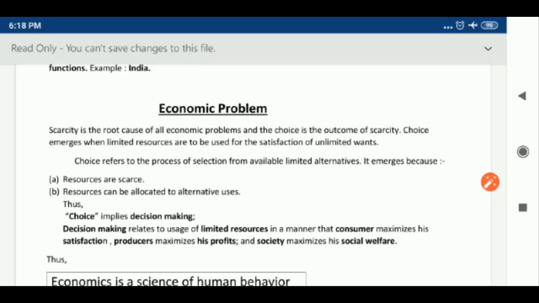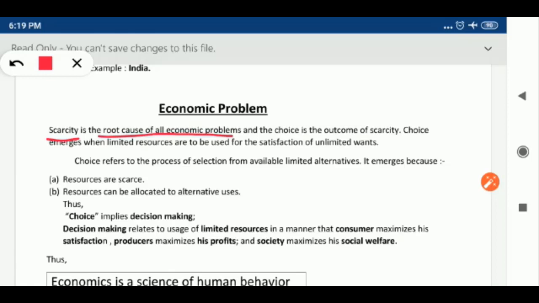So what is economic problem and what is the main root cause behind the economic problem? I have explained earlier that word, scarcity. The root cause of all economic problems is scarcity. What does scarcity in general terms mean? Scarcity means acute shortage of a certain commodity, or lack of something.